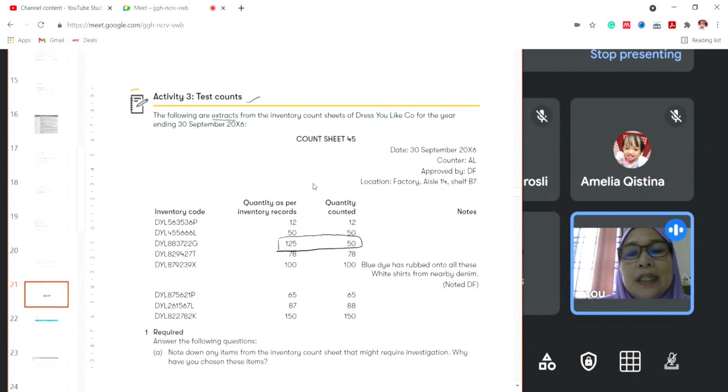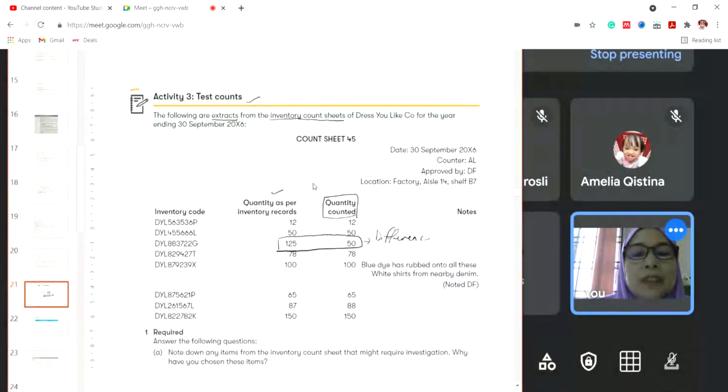This is the extract from the inventory count sheets. Then you record the quantity as per record, meaning the count sheet, and the quantity counted. So you identify the differences.